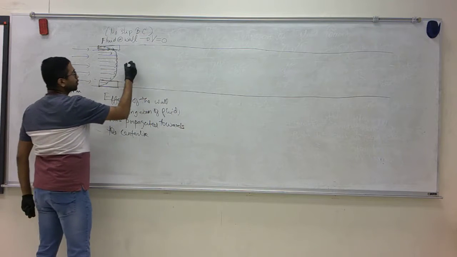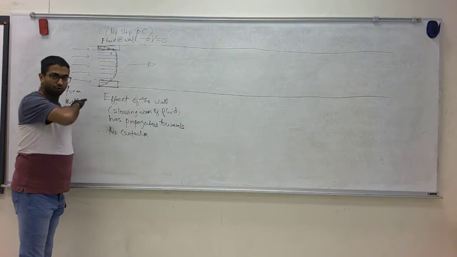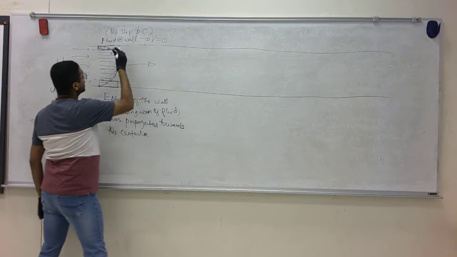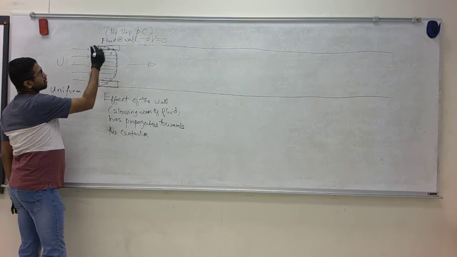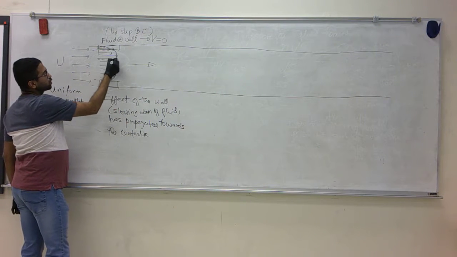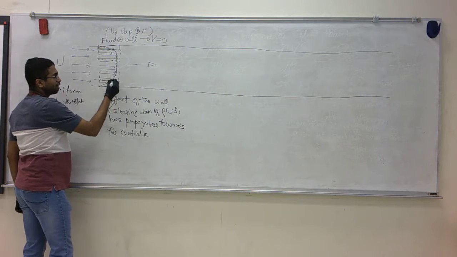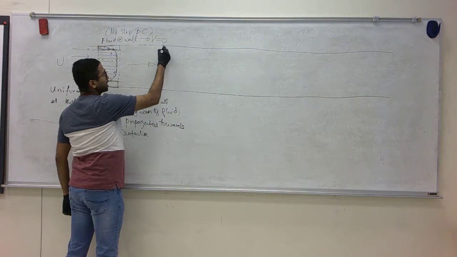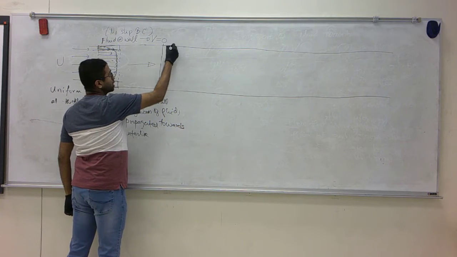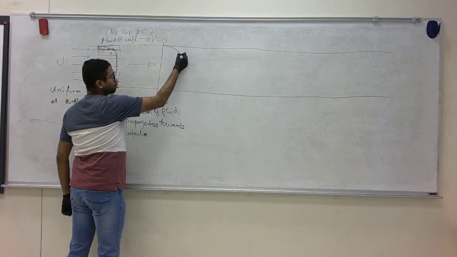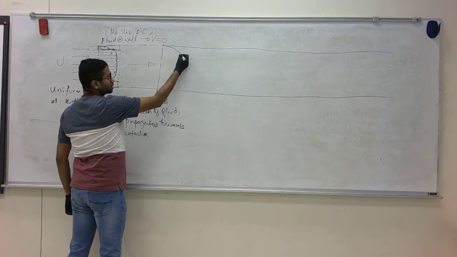As the fluid flows further downstream, the extent of this region grows in size. That is, more and more of the fluid is now feeling the effect of the wall. So you have a profile that is starting to have a curved shape for a longer distance.